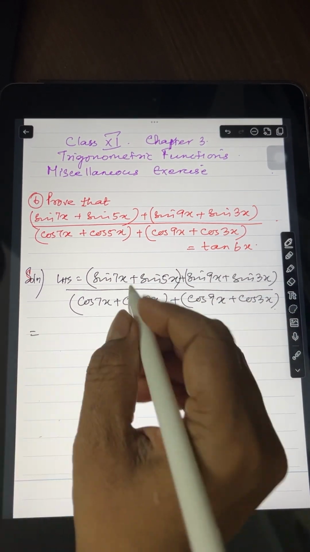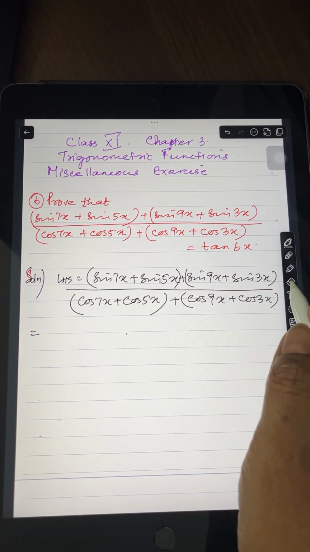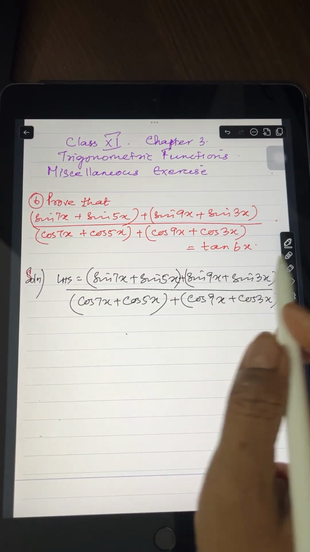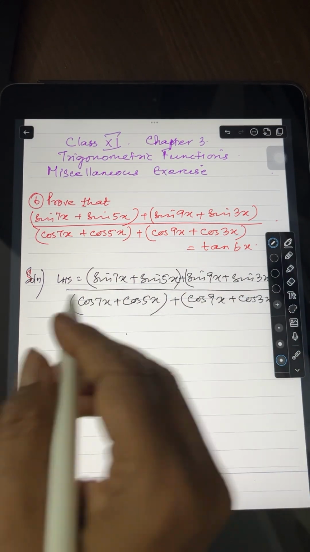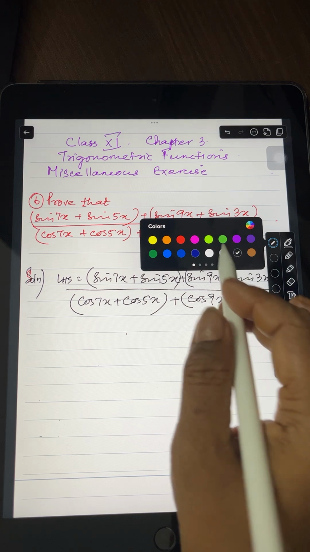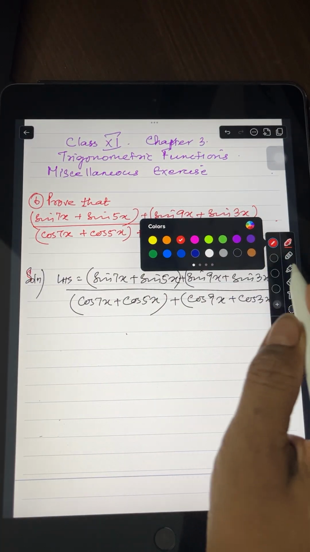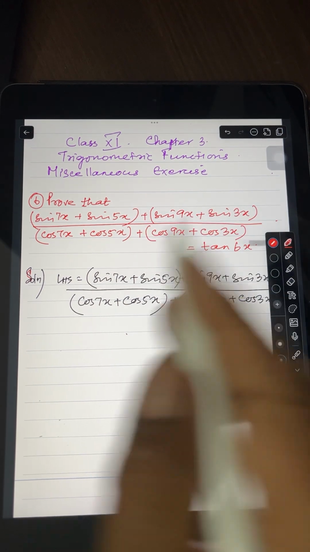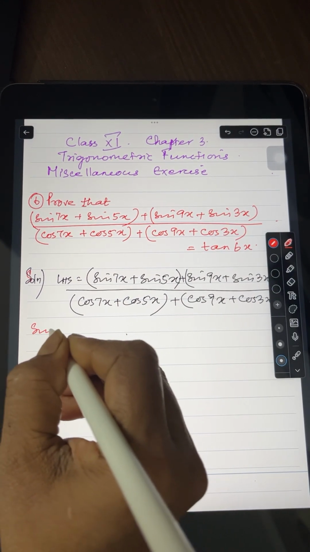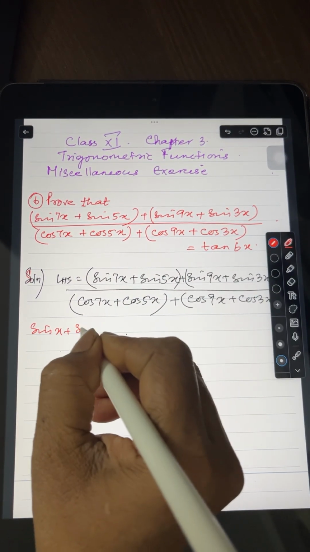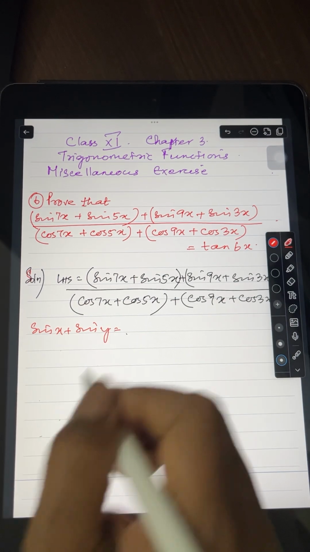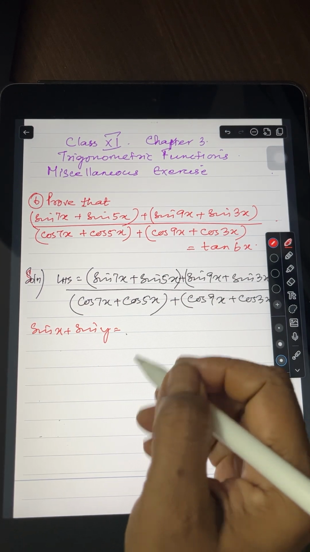Now what you can do with this is, we have a formula for sine x plus sine y. What is the formula for sine x plus sine y?